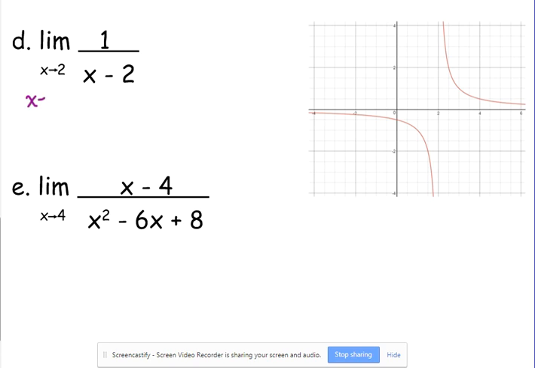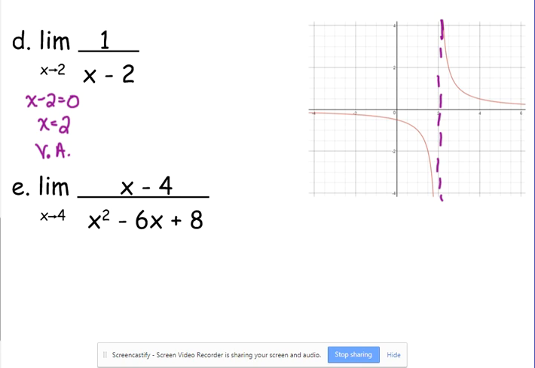So in this case, x minus 2 equals 0, we have a vertical asymptote at x equals 2, which you can see here on my graph. It doesn't have the line plotted out, but you can see that asymptotic behavior there. So that means our function is undefined at x equals 2.